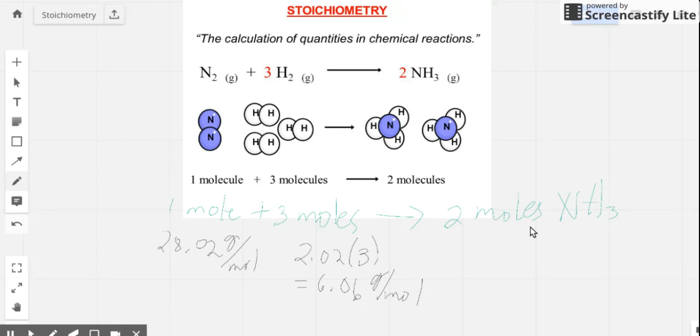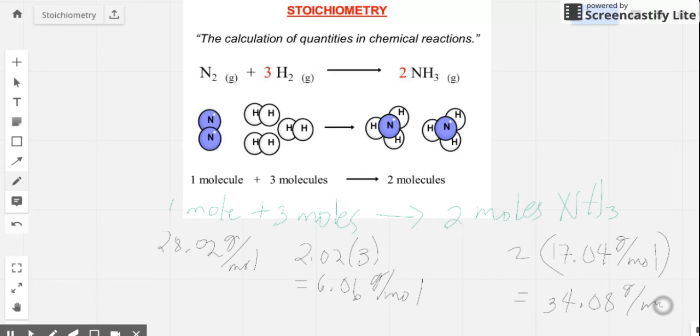And for NH3, how much should be the mass of my product? 1 mole of NH3 is 17.04 grams per mole. So for every 1 mole of NH3 gas, you have 17.04. Then I multiply it by 2, and I would get 34.08 grams.